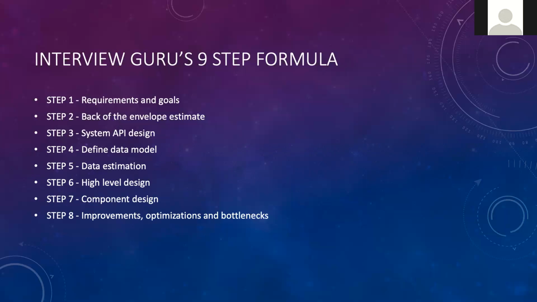The next step is enhancing that. In step 7, you identified the MVP product. The next step is improvements, optimizations, and bottlenecks. You are taking it to the next level to scale it to the required level of scale you need. And the final step is something that many interviewees miss, and that is cross-checking with the requirements. Did you actually manage to meet the requirements that you set out in step number 1?